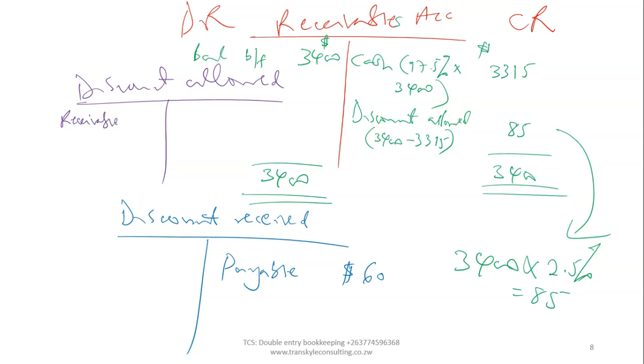Receivable. All right, receivables, and we discovered that this was how much? $85. Let's say generally these are the T accounts which were required by our example. So let us move on to balancing the accounts.